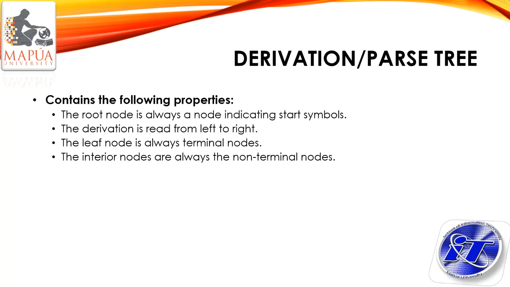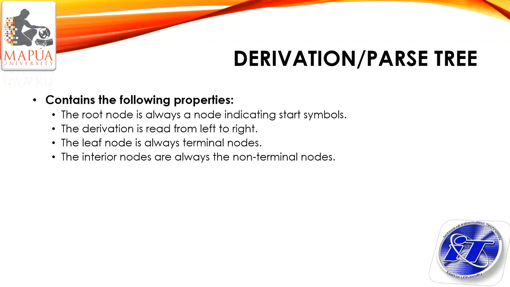The leaf nodes or end nodes are terminal nodes. Between the root node and the leaf nodes, we have the interior nodes, which we call non-terminal nodes. So again: root node, start symbol; reading left to right, end or leaf nodes are terminal nodes, and the nodes between the root and leaf nodes are non-terminal nodes.